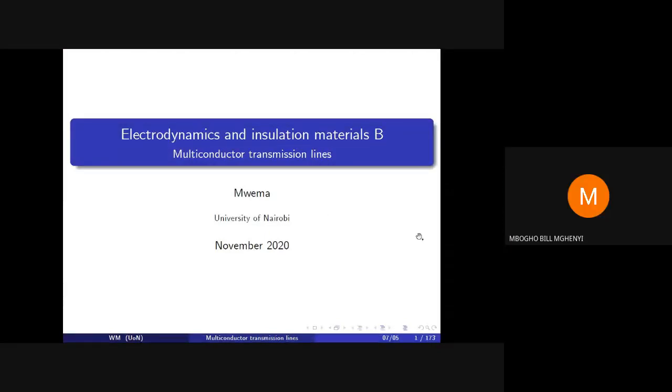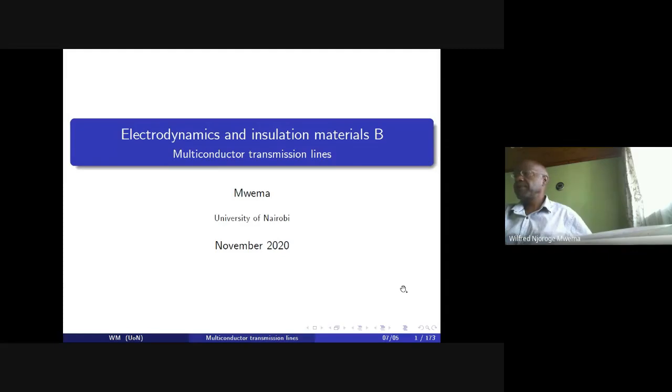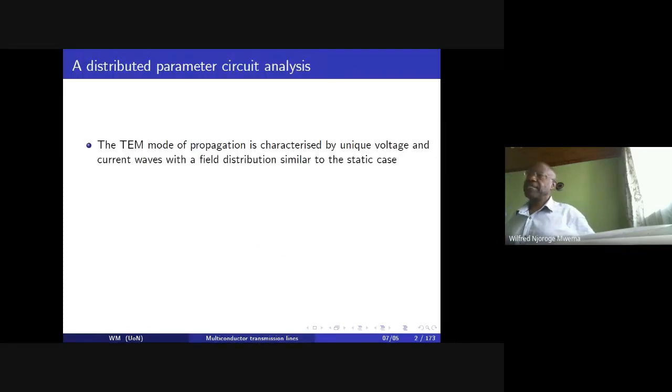What we'll be looking at now are the TEM modes, and we are interested in the distributed parameter analysis of these lines. For the TEM mode of propagation, we already saw that we can characterize it with a unique voltage and current wave, as we saw for the parallel plate transmission line last time.